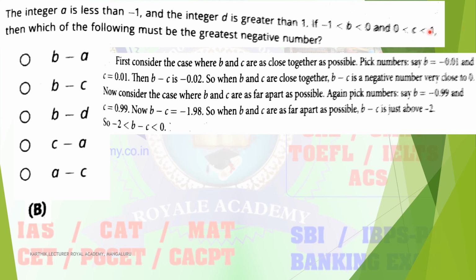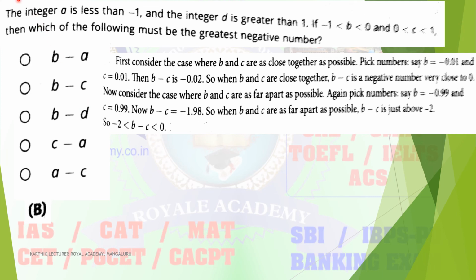Then you will get b minus c as close to -2. No other option gives a value equal to or less than that; all values should be less than -2 only. So option B is correct.